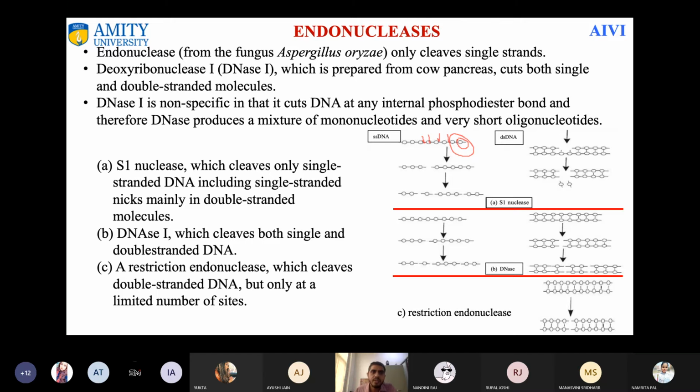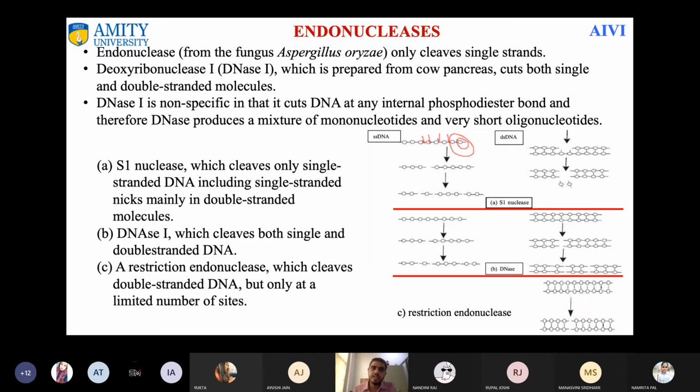The name of the first enzyme is S1 nuclease, an endonuclease from Aspergillus oryzae, which only cleaves single-stranded DNA. Deoxyribonuclease 1 is prepared from cow pancreas, and it cuts double-stranded DNA. So the two enzymes you have are S1 nuclease and DNase 1.